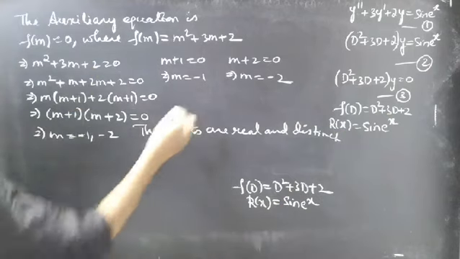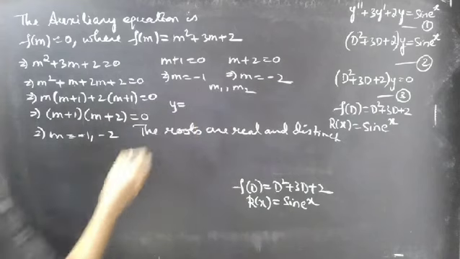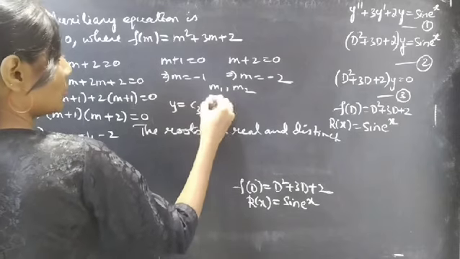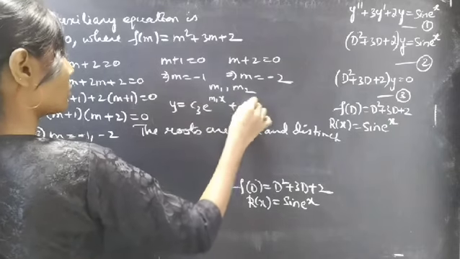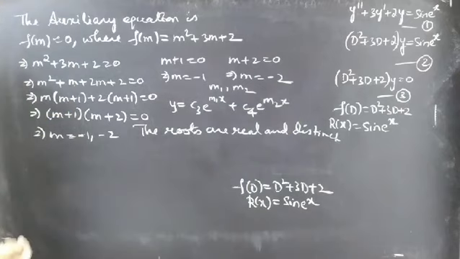We know that when two roots, say m1 and m2, are real and distinct, then the solution to the homogeneous equation looks like one constant into e power one root into x, plus another constant into e power another root into x. I'm taking C3, C4 instead of C1 and C2 because I want C1 and C2 to appear in the last general solution, right?